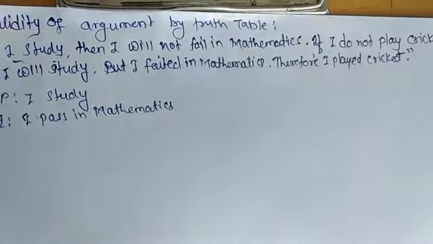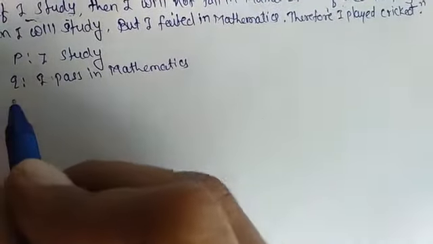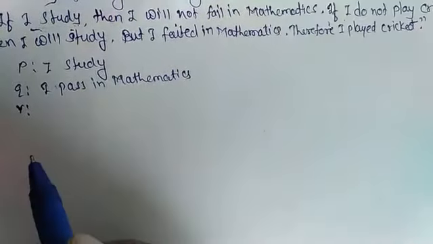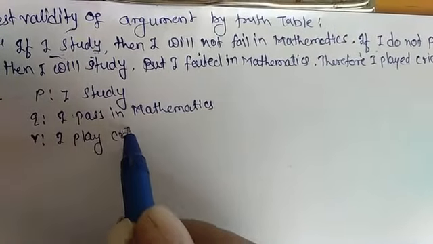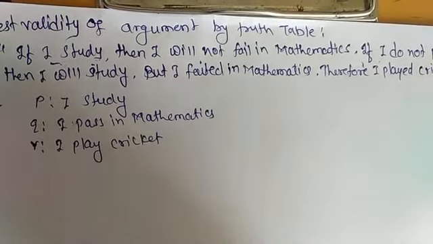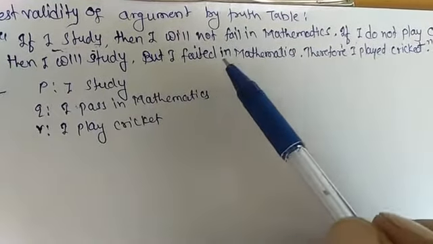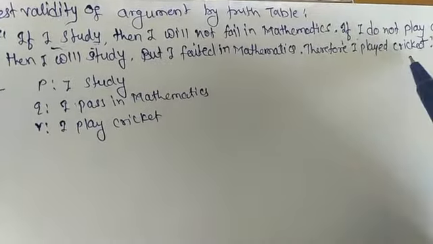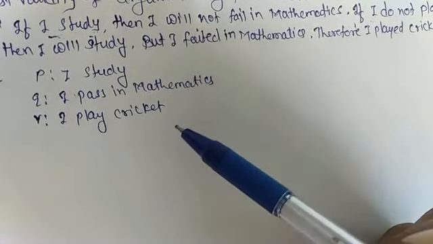Next, I do not play cricket, so R is I play cricket. We have to write positive statements only. After that, I will study. But I failed in mathematics, which is the opposite of passing in mathematics. Therefore, I play cricket. So in the given argument there are 3 statements.